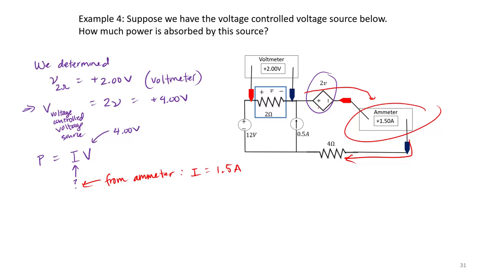So notice that current is entering the positive part of our voltage-controlled source. And we can determine, in this case, our power is simply 1.5 amps times 4 volts. That gives us 6 watts. Since current enters the positive terminal, we know, in this case, that our power is absorbed.